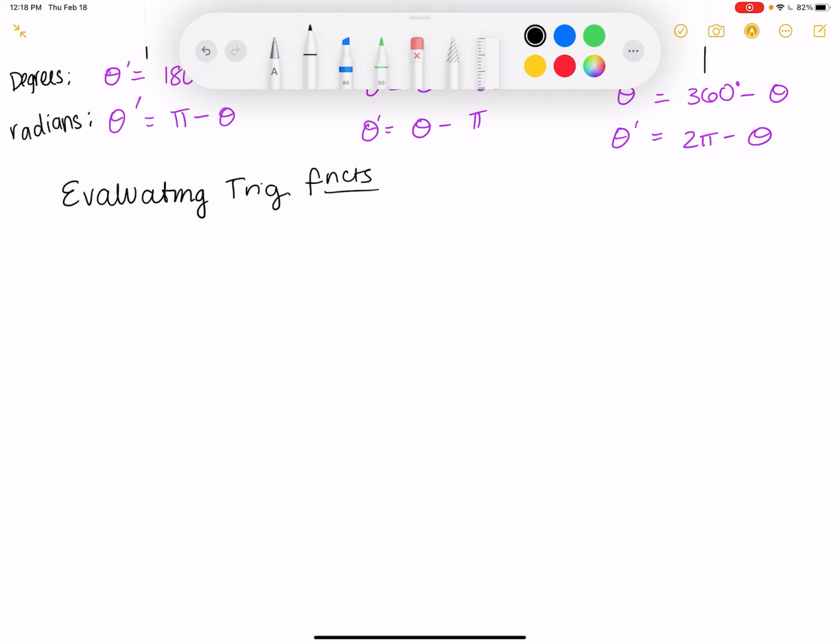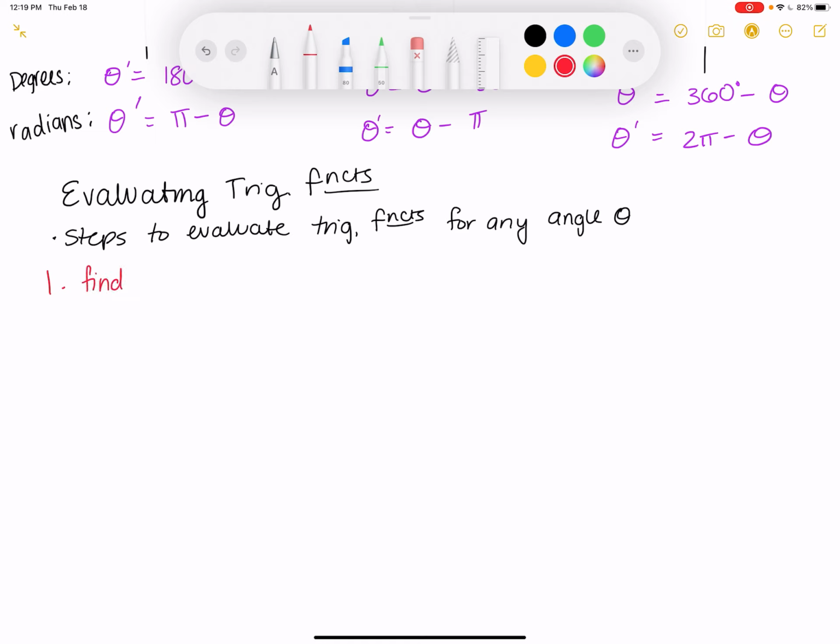Okay, so steps to evaluate trig functions for any angle theta. So I'm going to have 3 steps. So the first one, find the reference angle theta.